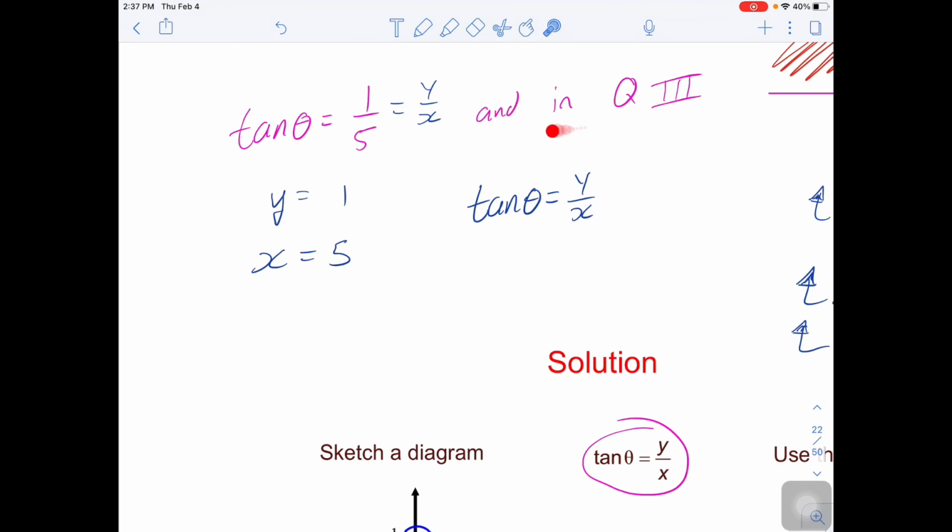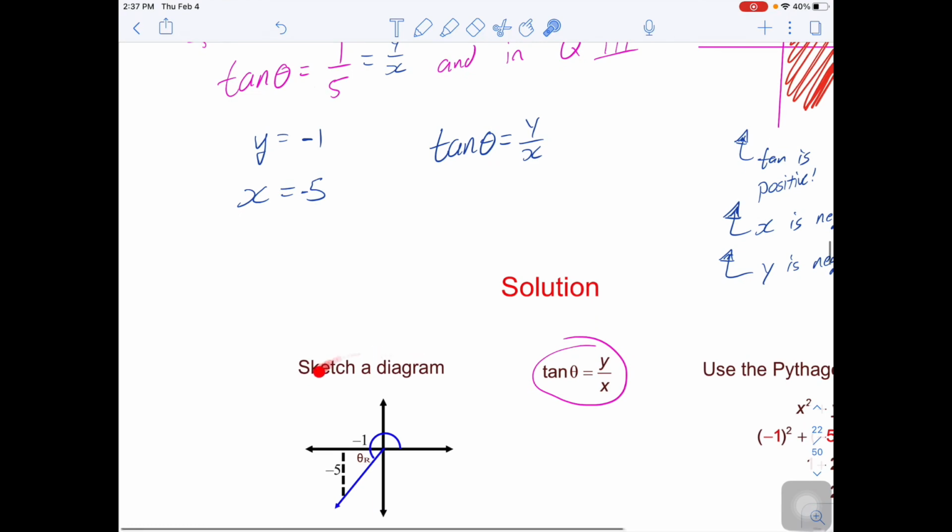We live in quadrant 3, which means that my y value has to be negative and my x value has to be negative. So we're going to put negatives here, because negative 1 over negative 5 equals 1 over 5, right? So that's why we always have to be wary of what quadrants we live in.